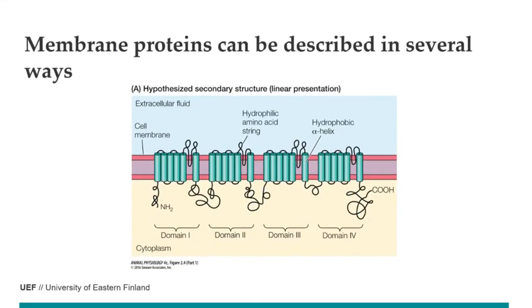Okay, these membrane proteins can be described in several ways. This is very common in science: hypothetical secondary structures where these barrels all represent alpha helices going through the membrane, the transmembrane areas.